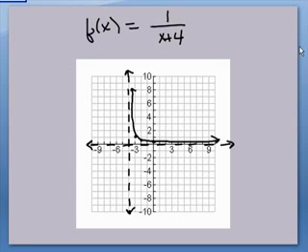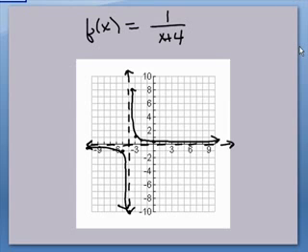Most of the other points, to see where the curve actually lies, you can get from your calculator. Okay, let's do a -5. If we plug in a -5 for x, we get a -1 for the y. So it's in this region here. Go ahead and graph this on your calculator and see what it looks like there. Okay, so that's our first rational curve.